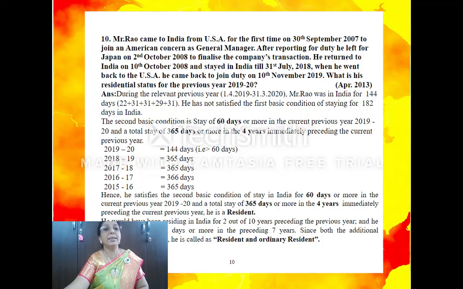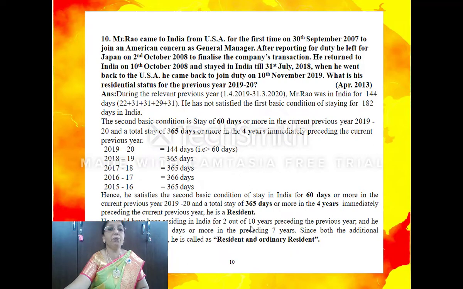Then going on to the additional conditions, he should have been a resident for at least 2 out of 10 years. So when it comes to 2 out of 10 years, 4 years are here itself, and another 6 more years you can write. In these 4 years itself, you can easily say he is a resident for at least 2 years. So the condition 2 out of 10 is fulfilled.